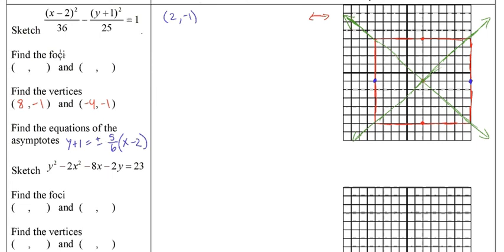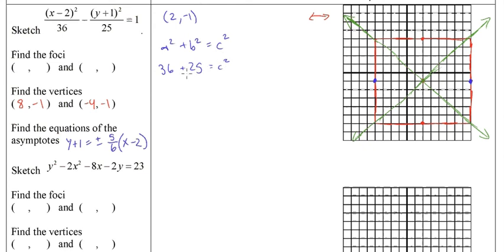All right, and now our foci. Let's find our foci here. We've got our two shorter pieces, the distance from the center to the vertex and the distance from the center to the would-be vertex. That's our a squared plus b squared. They're equal to the distance from the center to the foci, wherever they are going to be located. So we've got a squared being 36 plus b squared being 25 is equal to c squared.